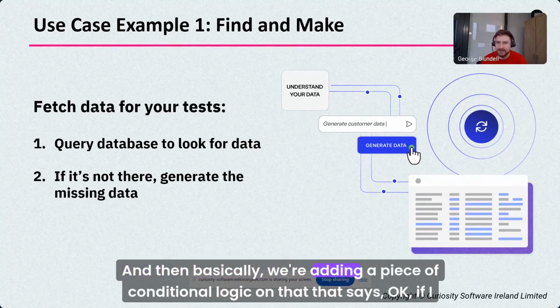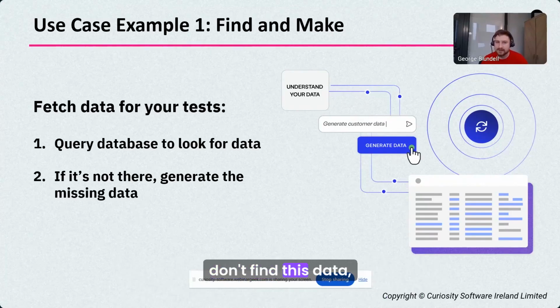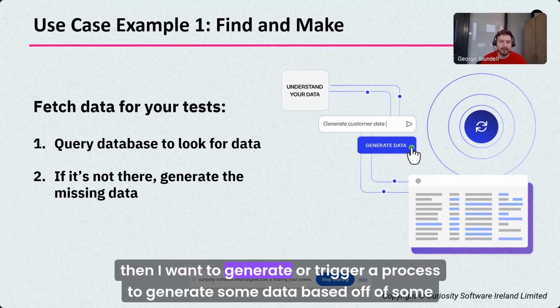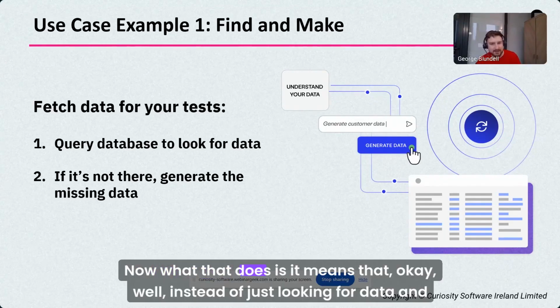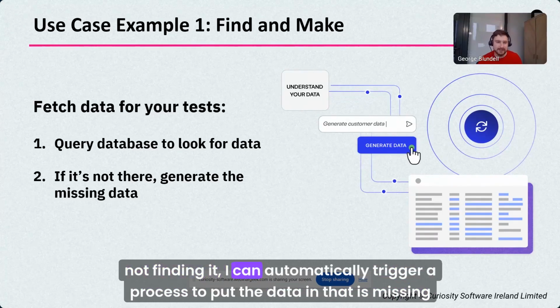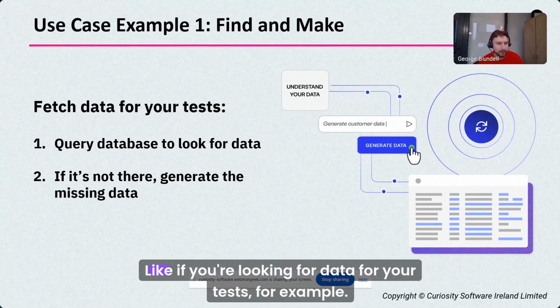Then we're adding a piece of conditional logic beyond that which says, if I don't find this data, then I want to generate or trigger a process to generate some data based off some parameters I can set. Instead of just looking for data and not finding it, I can automatically trigger a process to put in the data that is missing and get you moving, like if you're looking for data for your tests, for example.